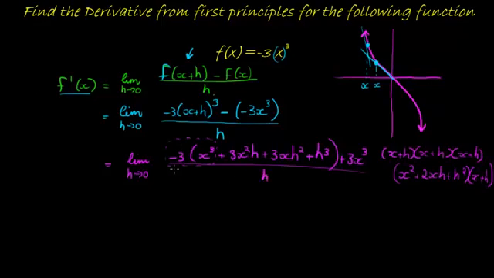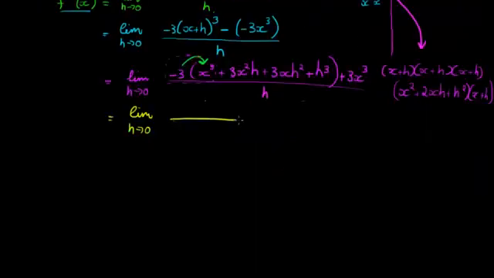So now we see the -3 gets multiplied in, so I get -3x cubed plus 3x cubed, and that just cancels. So I'm left in my next step with, if I multiply in the -3 with the rest of the terms, negative 3 times 3x squared h gives me negative 9x squared h.